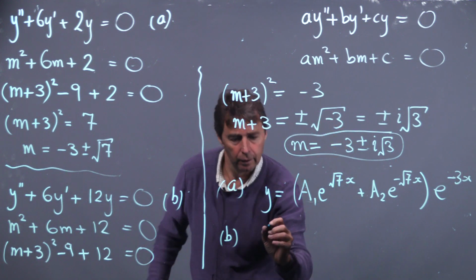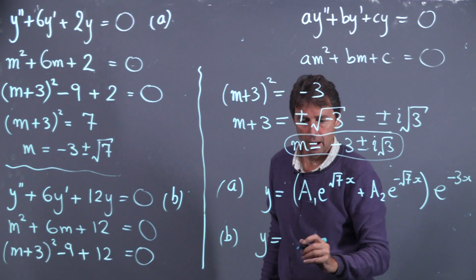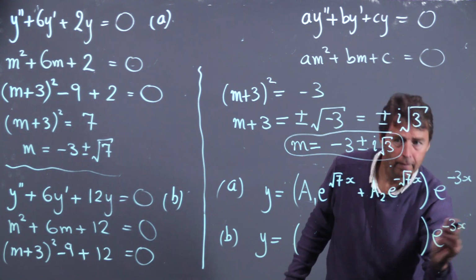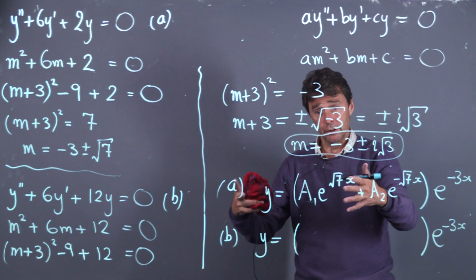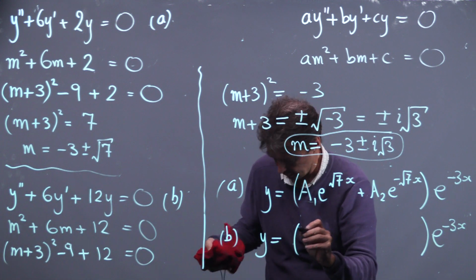Problem B here, I have a minus 3 that's common in m. And then what's left over is this plus or minus i times the square root of 3. So I could use the complex exponential form again, but I'll skip to using the sines and cosines.